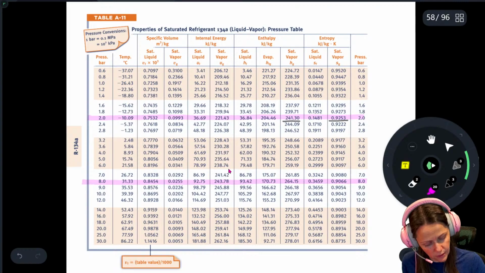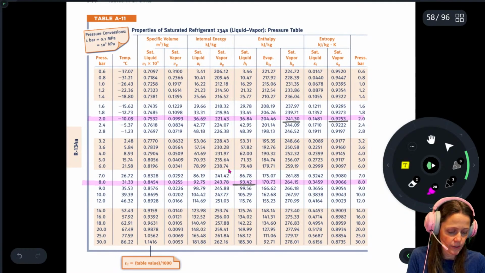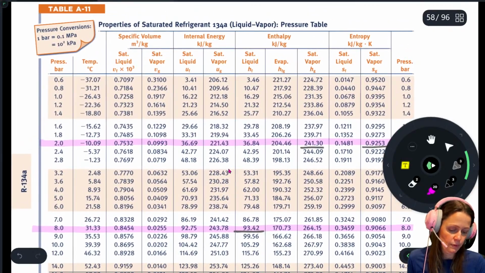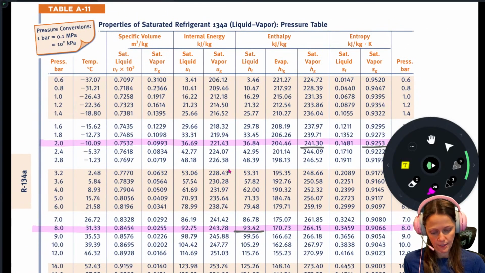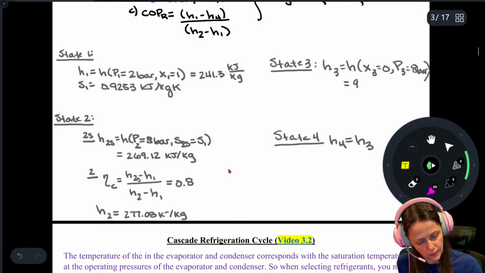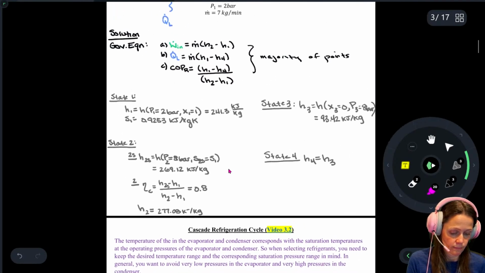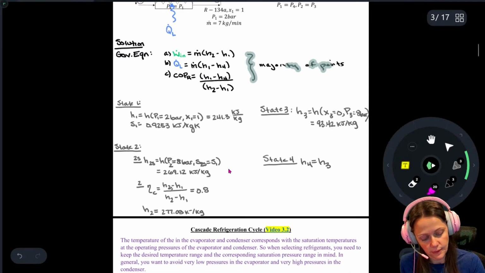Of course, we are saturated vapor, so your H value is going to be 93.42. Right, 93.42, in kilojoules per kilogram.